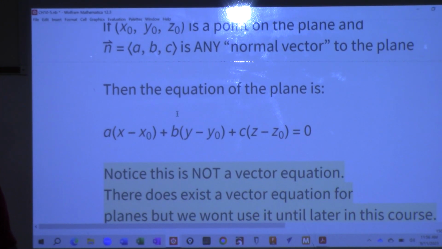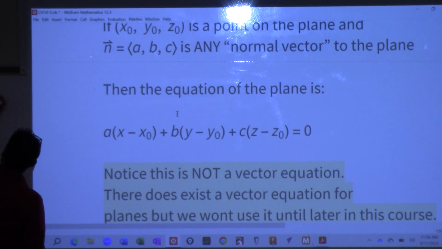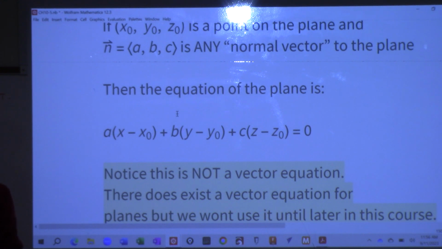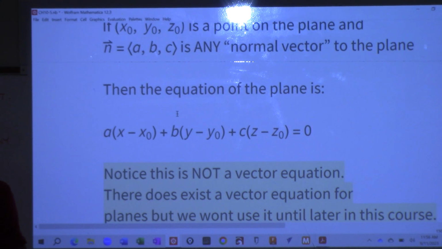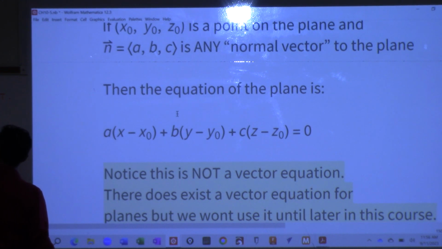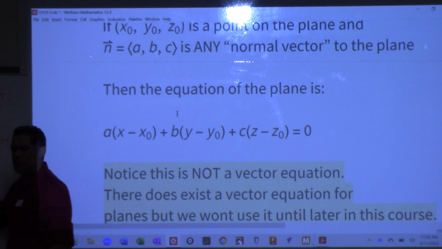So if x naught, y naught, z naught is a point on the plane, and the vector n equals the vector a, b, c is any normal vector, and when I say normal, everyone understand what I mean?